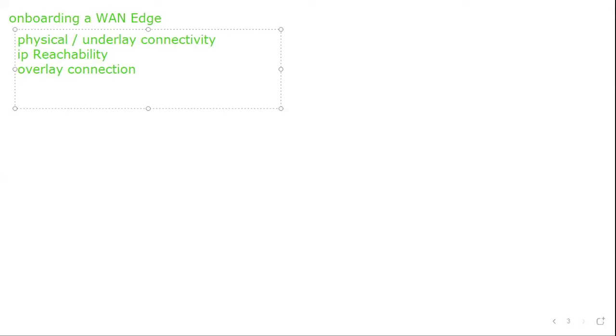Now, for this IP reachability, it depends on what ISP you are using. Based on that, there will be a technique. There might be a possibility it is a direct point-to-point connection.